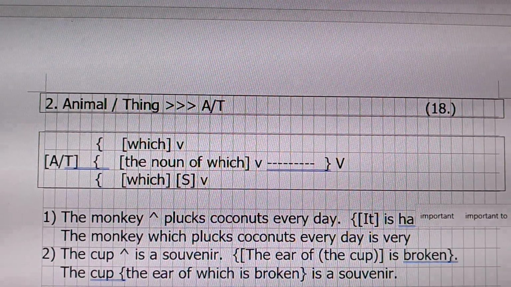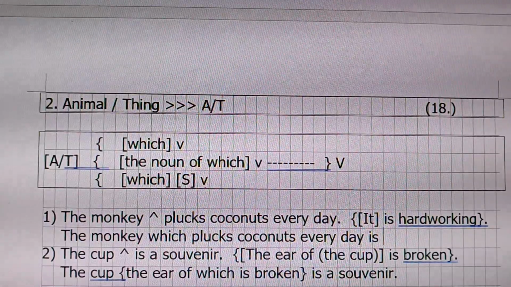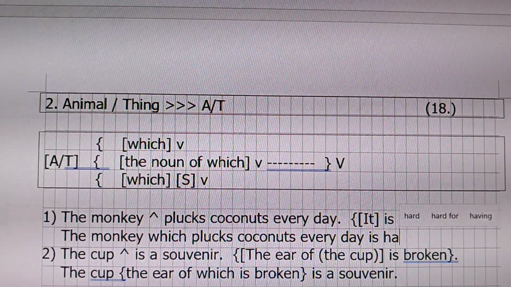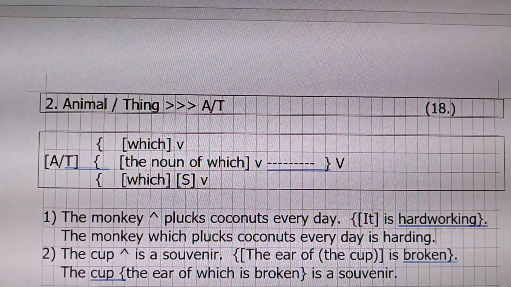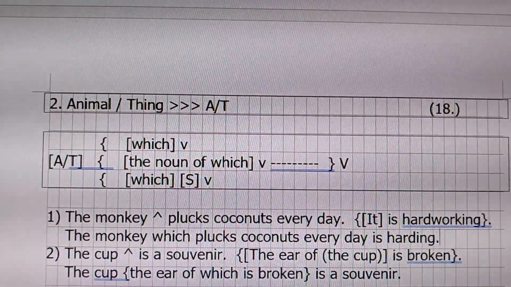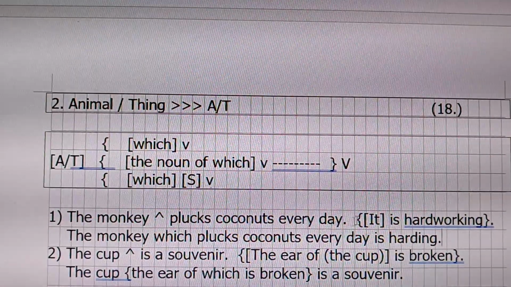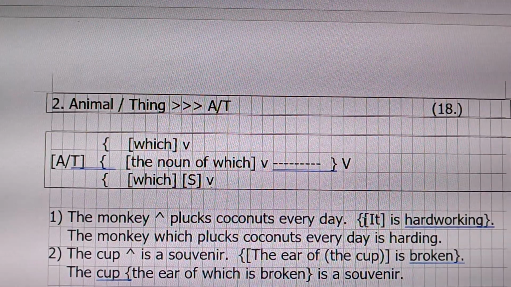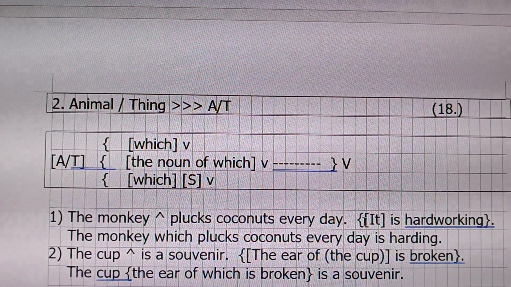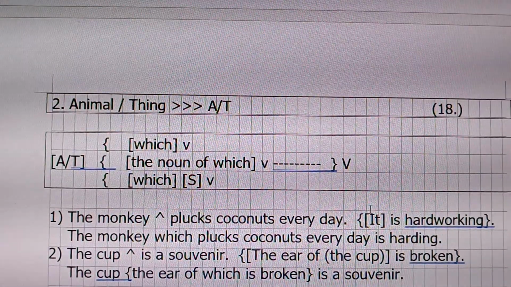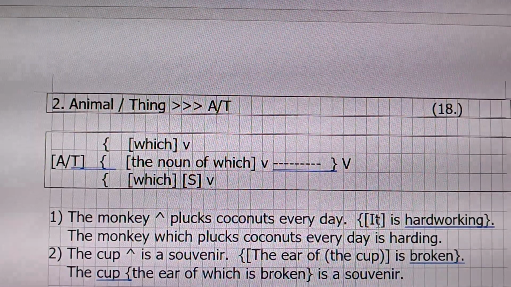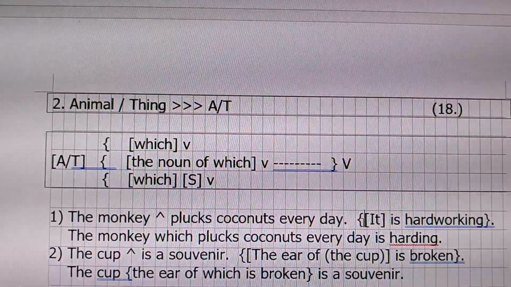It's hardworking. So the main clause is it is hardworking, which means the monkey.